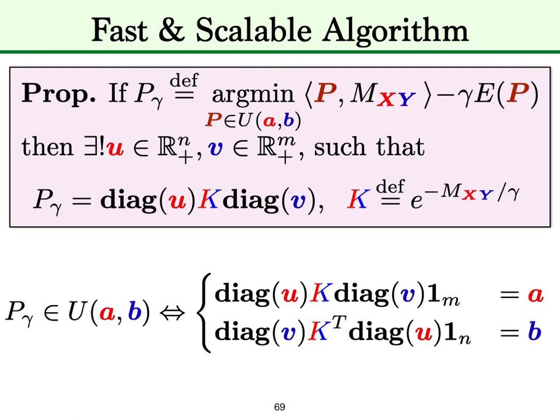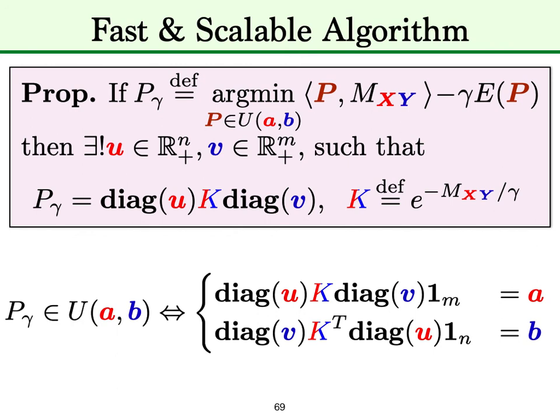Now, once you know that, typically in optimization, we are going to use the fact that those values u and v's are not anything. They must be such that this matrix satisfies the row marginal constraints and the column constraints. So let us walk a bit through this. Well, the first thing you should realize when you see this equation is that you have this matrix, diagonal(u) K diagonal(v) times 1 equals a, diagonal(v) K transpose diagonal(u) times 1 equals b.